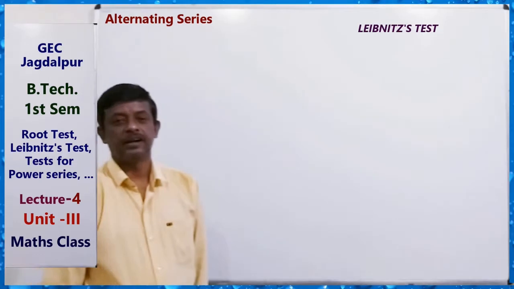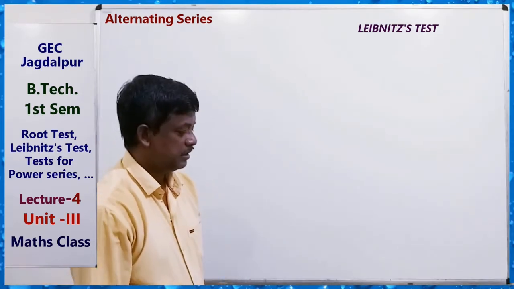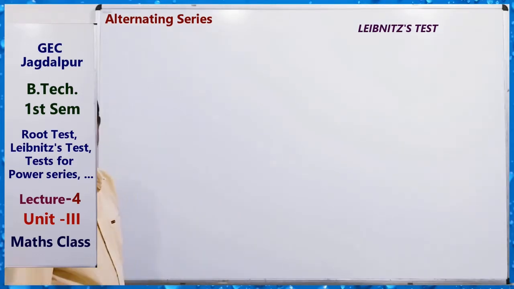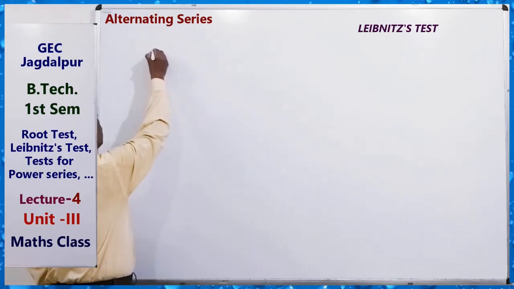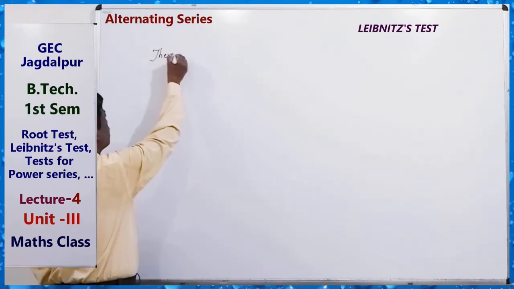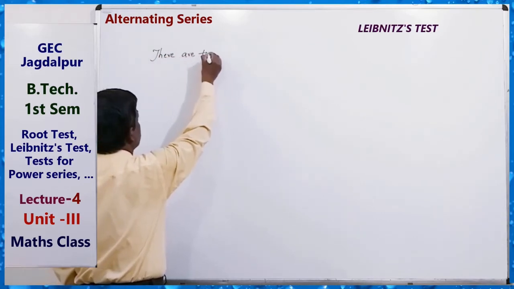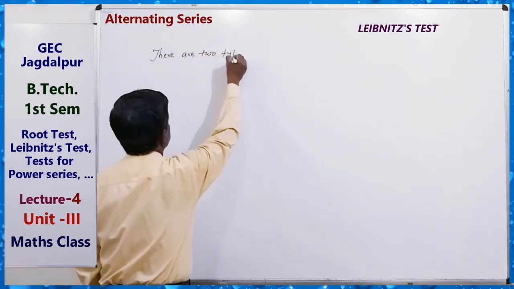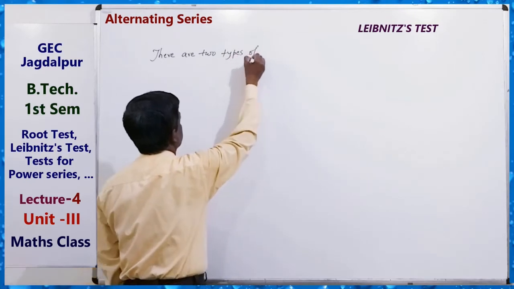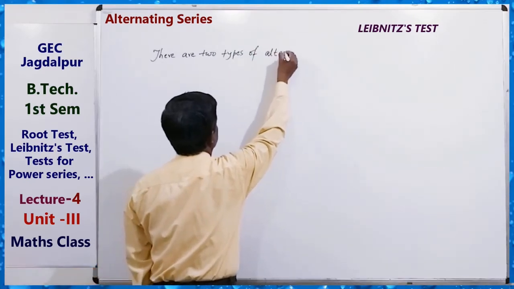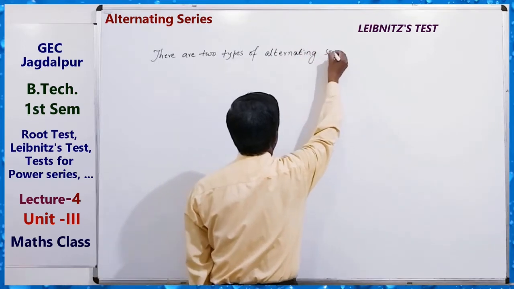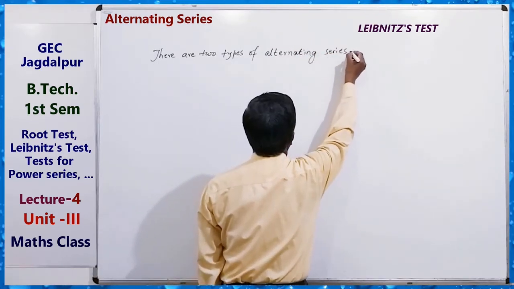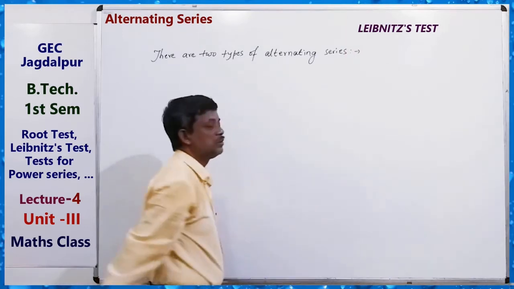Further, alternating series can be categorized into two types of convergent series.